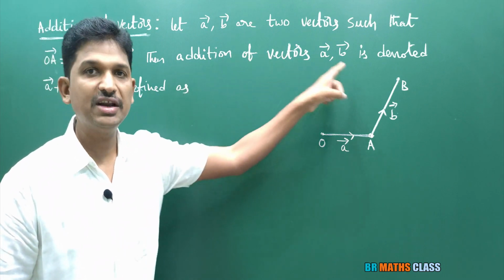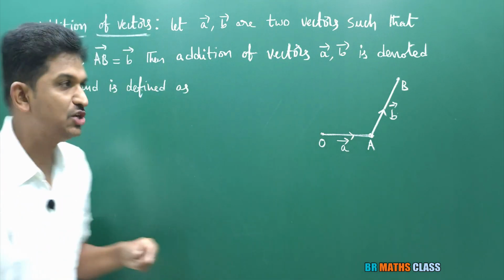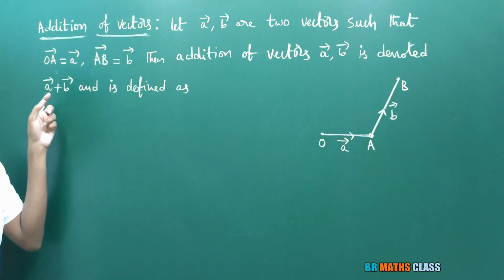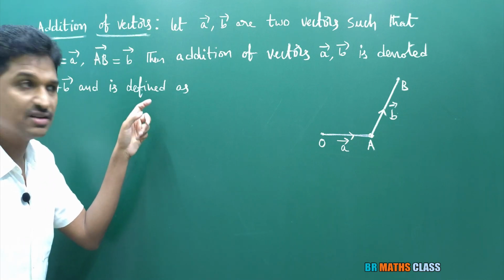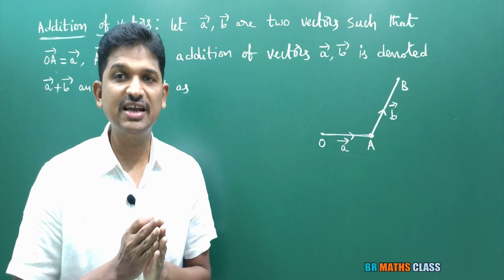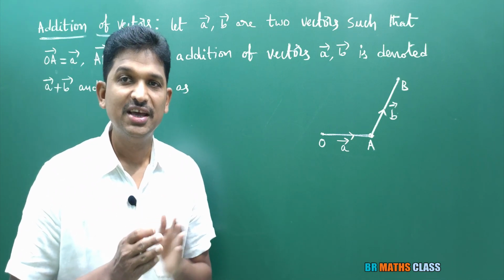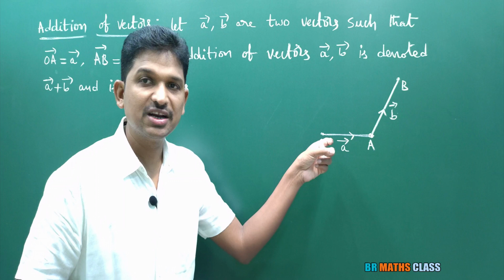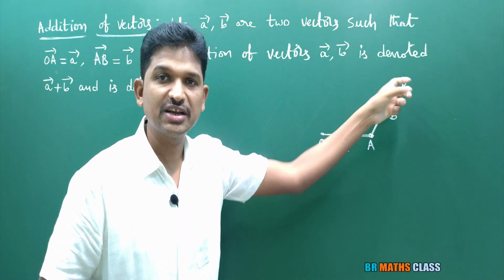Then addition of vectors A bar, B bar is denoted by A bar plus B bar. That addition is defined as, listen to this carefully, the directed line segment joining the initial point of the first vector to the terminal point of the second vector. You join them.